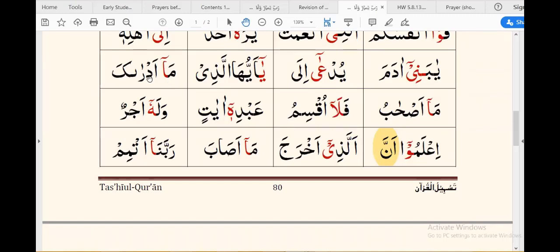Raka. Ma adraka. Perfect. Excellent. That was really, really nicely read, mashallah. Jazakumullah for your help.